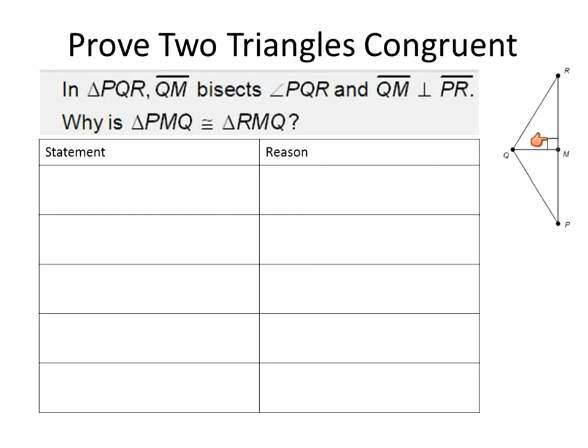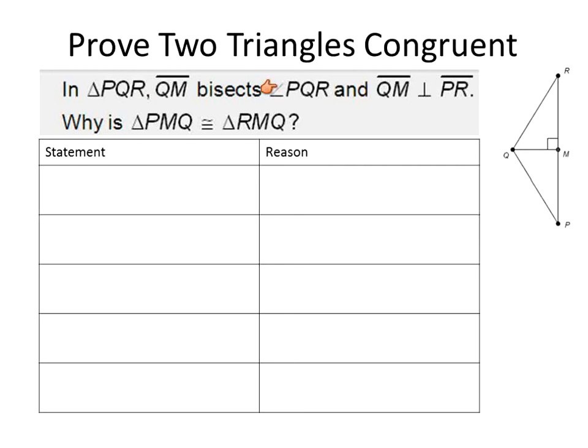And so there's a couple of things that we're going to come across. And it says, why is triangle PMQ congruent to RMQ? So we're going to again go through proving these two as congruent, because that's what it's asking us to do, but it gave us some information here.